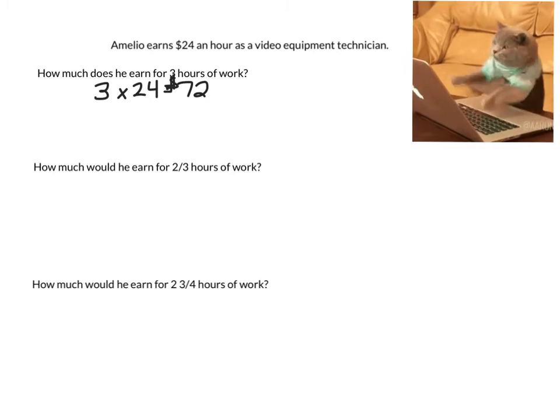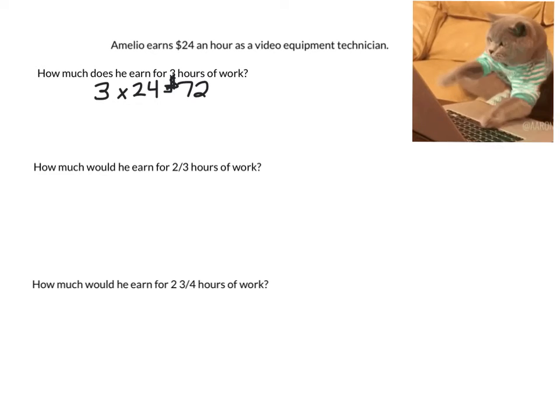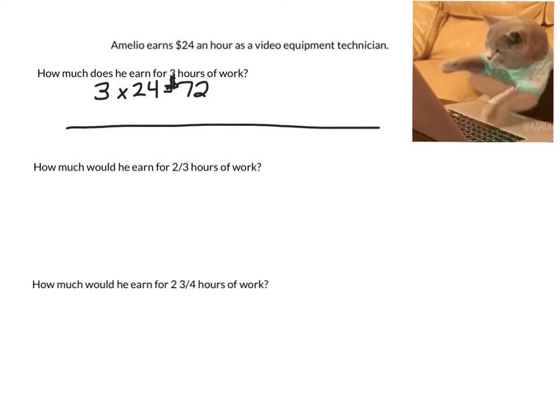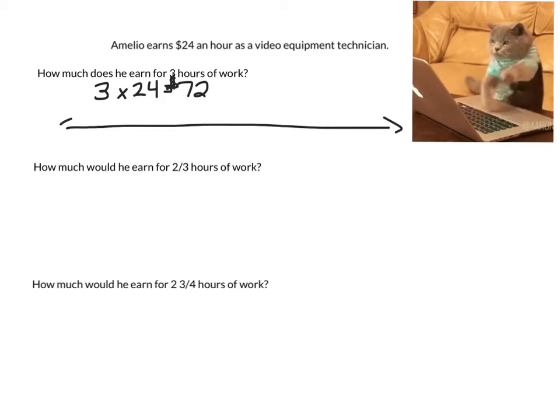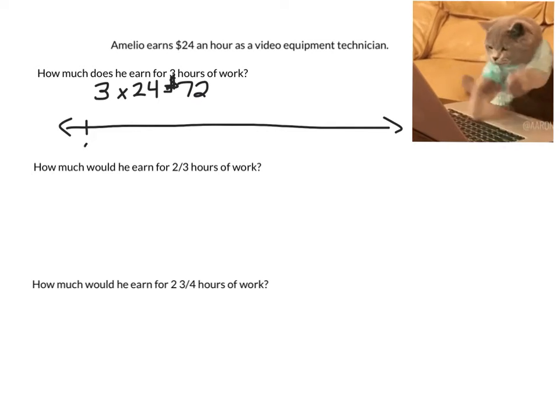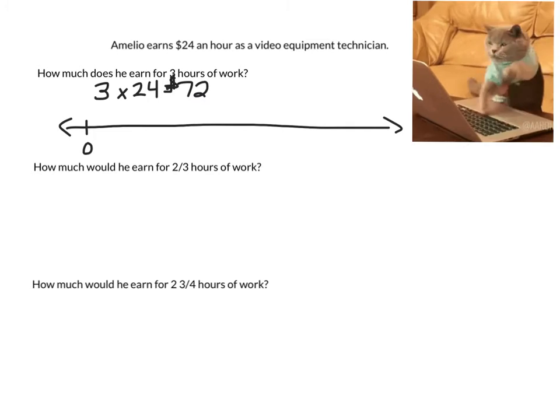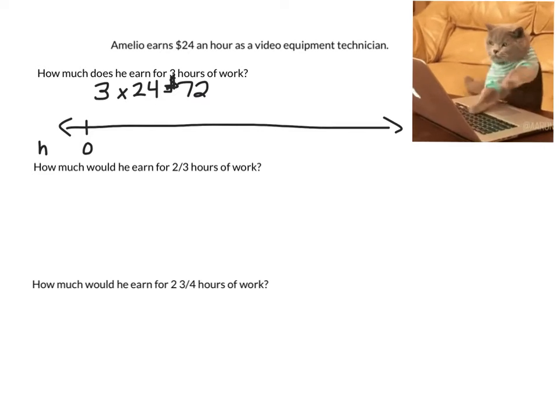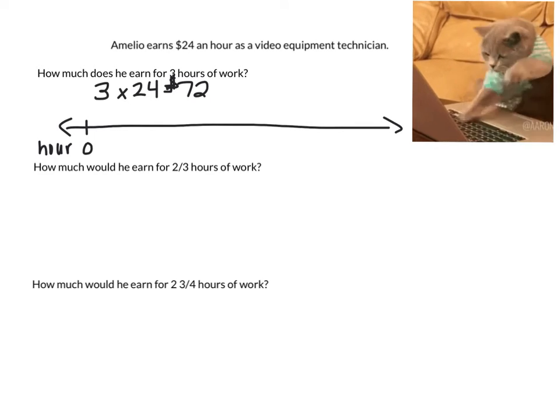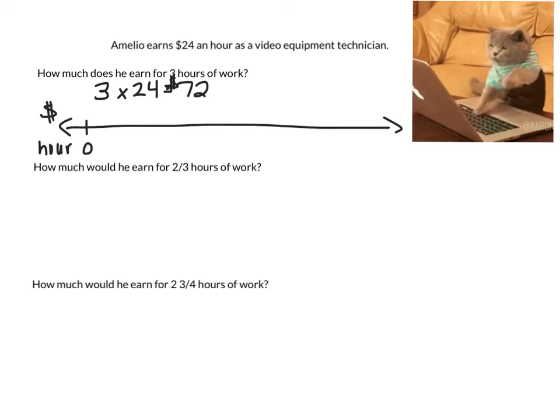We could, however, if we wanted to make our thinking visual, actually use a number line where on the bottom we could have the hours worked, and then on the top we could have the pay.